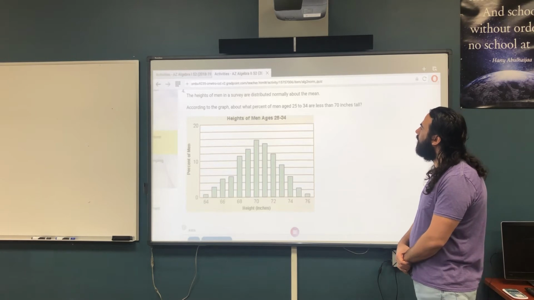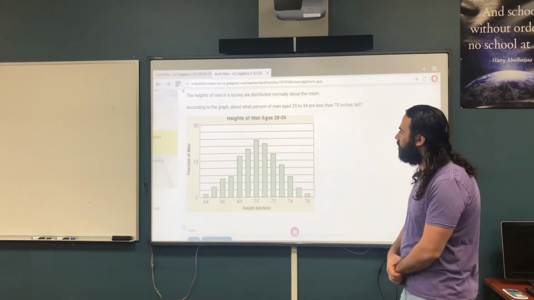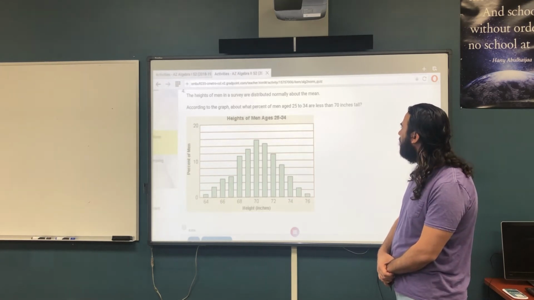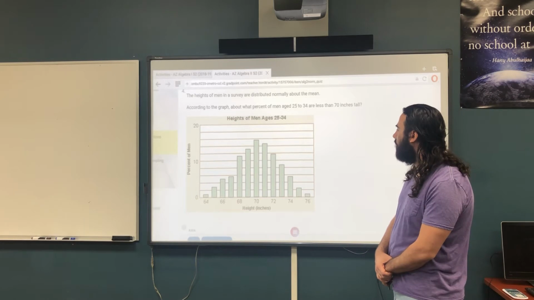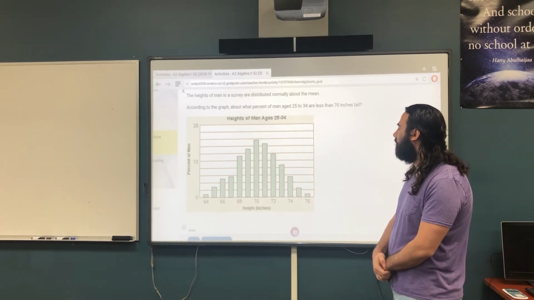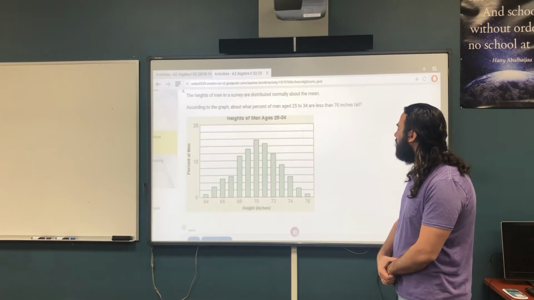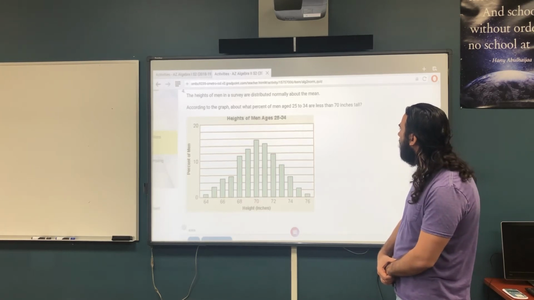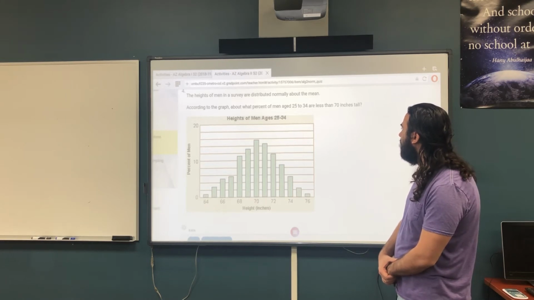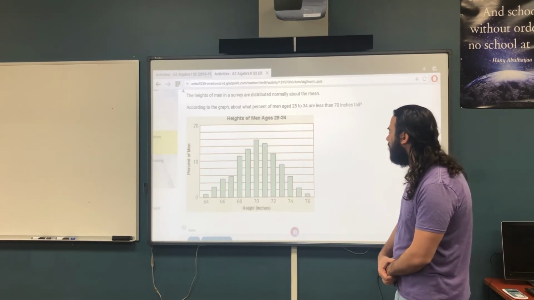Between age 25 and 34, so this is the height, and this is the percent of men. They are less than 70 inches tall.